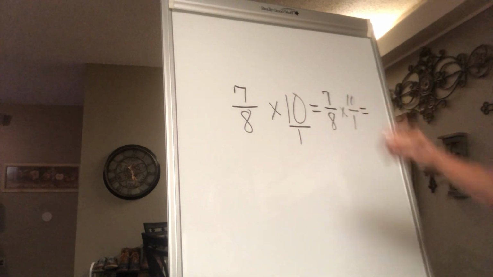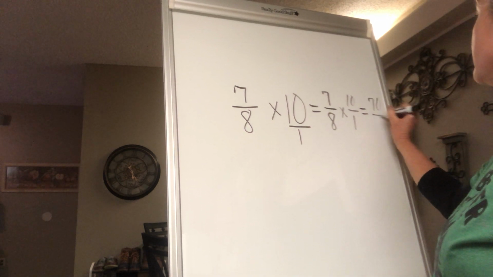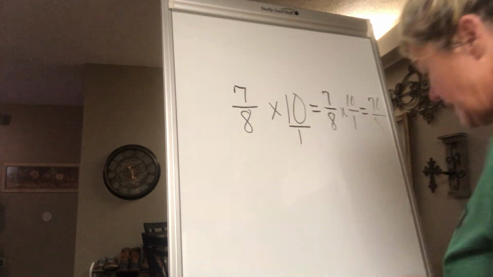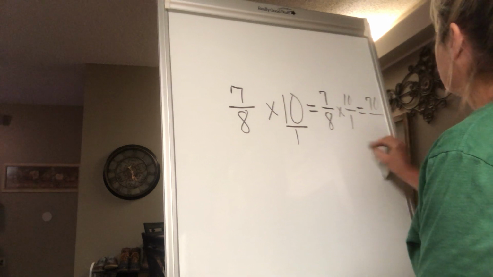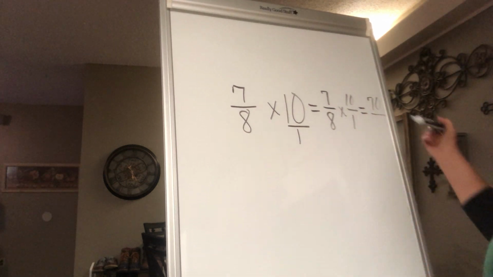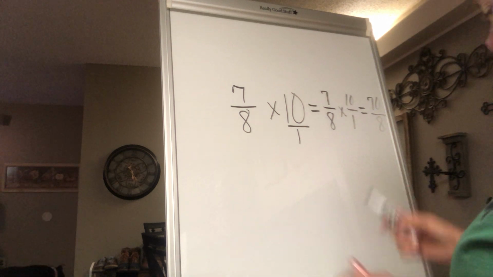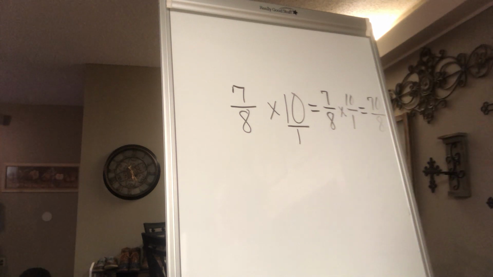So we have 7 times 10 is 70. 8 times 1 is 8. The board's still wet right there. Okay, so we know that now we're ending up with an improper fraction.